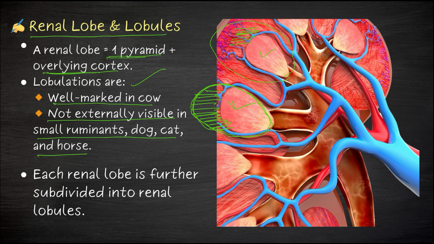These lobulations are well marked in the cow, not externally visible in small ruminants and other animals like dogs, cats and horses. Each renal lobe is further subdivided into what? Lobules. Clear?